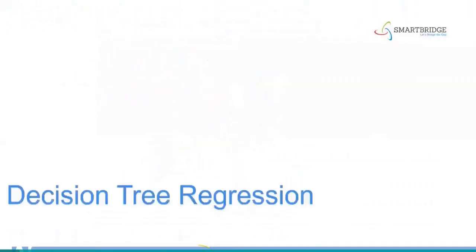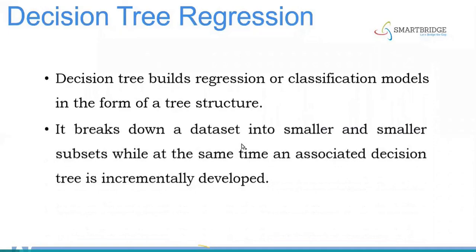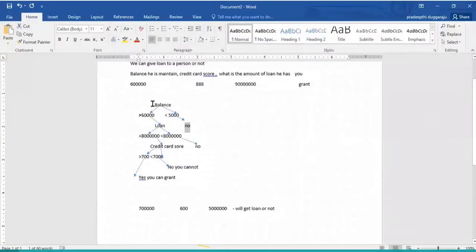All right, guys. In a decision tree, I already told you it is used for regression or classification in the form of a tree structure. It breaks down the data set into smaller and smaller subsets, while at the same time an associated decision tree is incrementally developed. First the data set is split into subsets: balance, loan, credit card, and each has some sort of decision nodes, right?